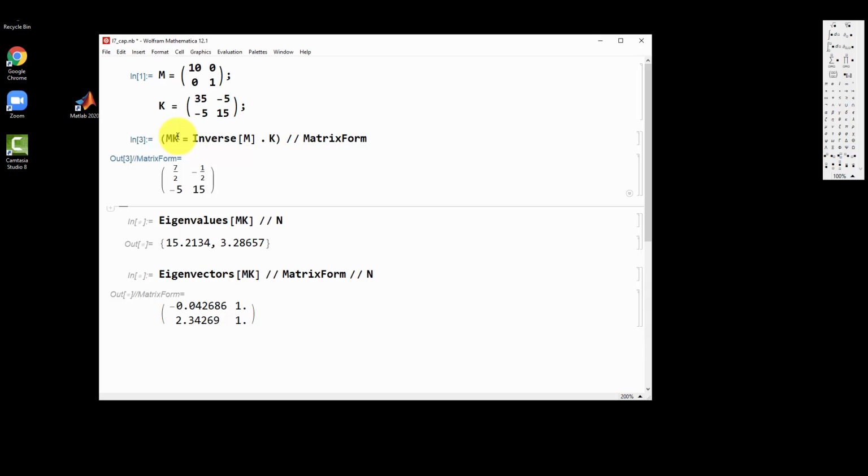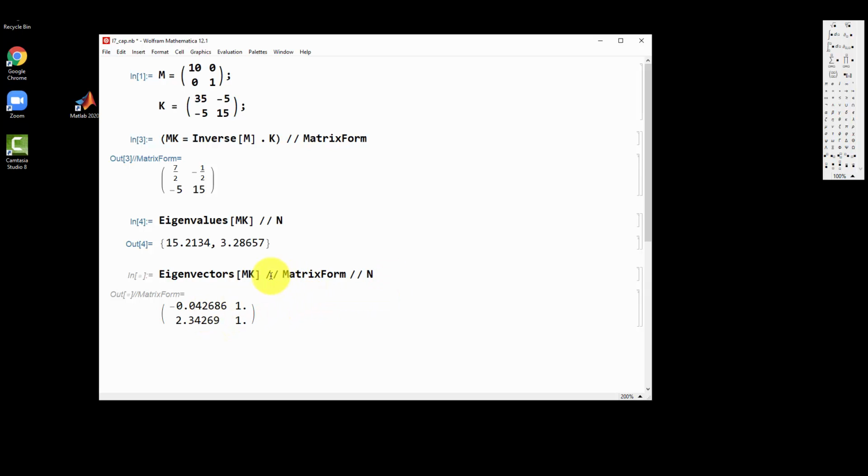So MK is M inverse times K. Now, in Mathematica, I can get the eigenvalues using Eigenvalues. And we see that those do match the eigenvalues that we got in MATLAB, and they should. They're just, in this case, in descending order, but we can always reorder them if we want to. Then we can use the Eigenvectors command to get our eigenvectors. Notice we definitely do get a different answer here.